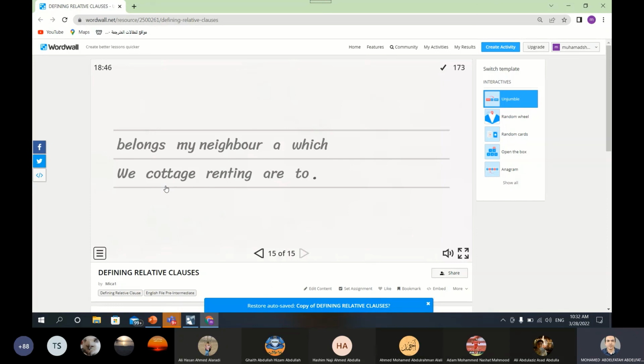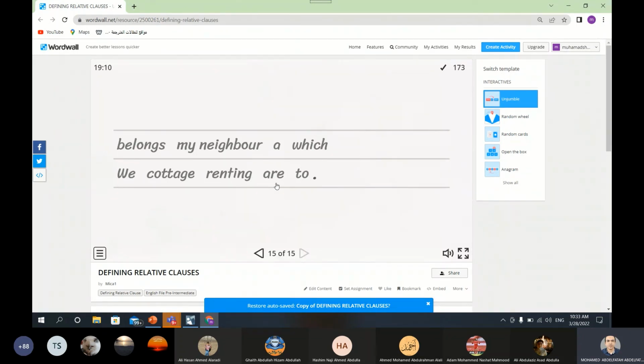Here we are going to make a sentence using these words. So students, a neighbor is the one who lives next to your house, and the cottage is a very small house that farmers build in their fields to protect them from sun or rain. Renting, are, and to. Ahmed, get ready and I will help you start.